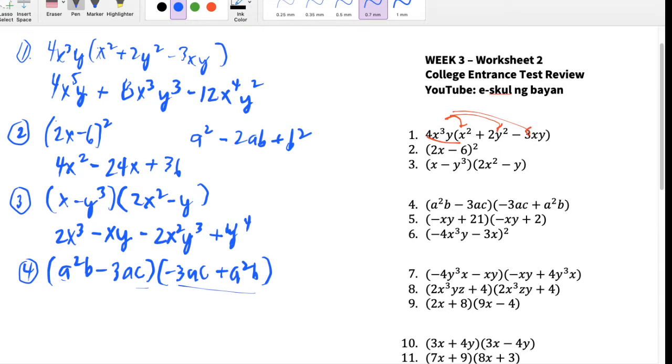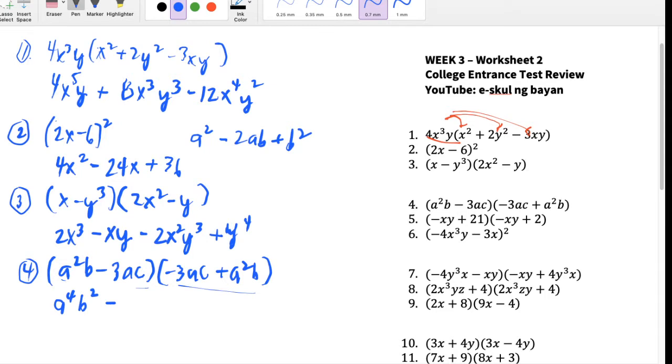So, a squared, or itong first term gawin na square natin, a squared b squared, so magiging a raised to 4, b raised to 2. Again, opposite yung sign ng dalawang terms ng binomial mo, so negative yung sign mo dito. 2 times a times b, or 2 times yung this one times this one.